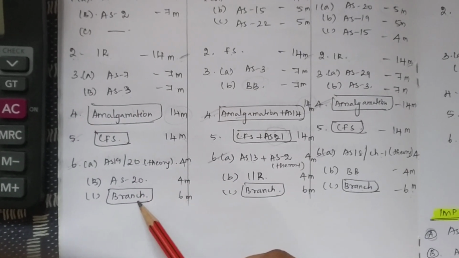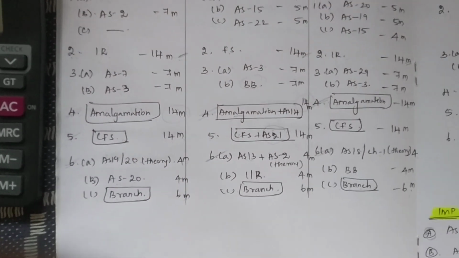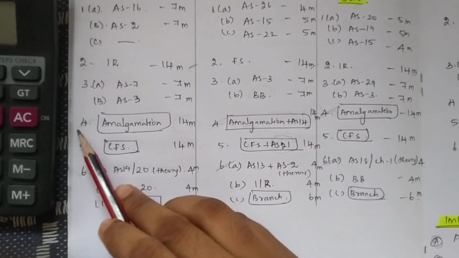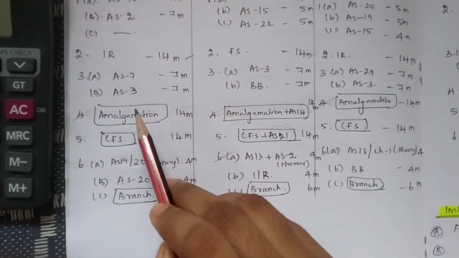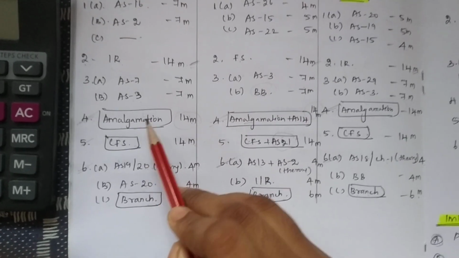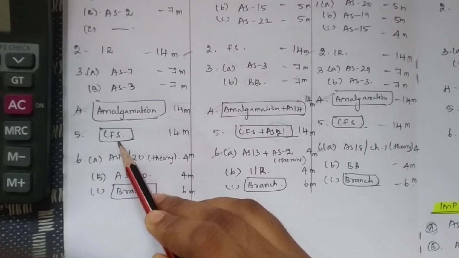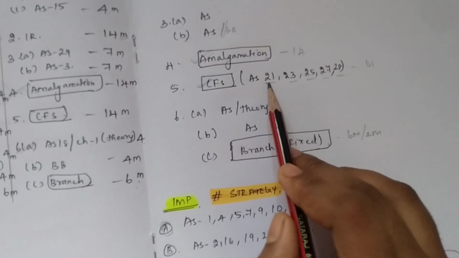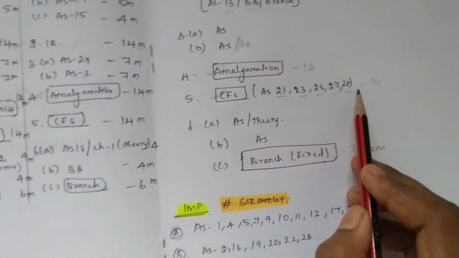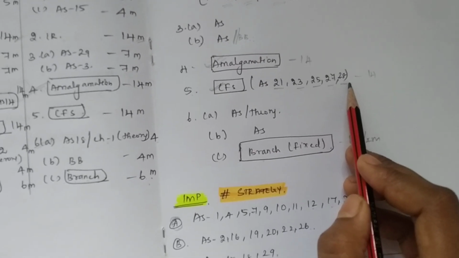Or you can leave the branch. But as per my suggestion, I would say do your amalgamation, because there is no linkage of any standards here. But when you prepare your consolidated financial statement, there is a linkage of standards like AS 21, 23, these and all are the linkage of accounting standards that we have.